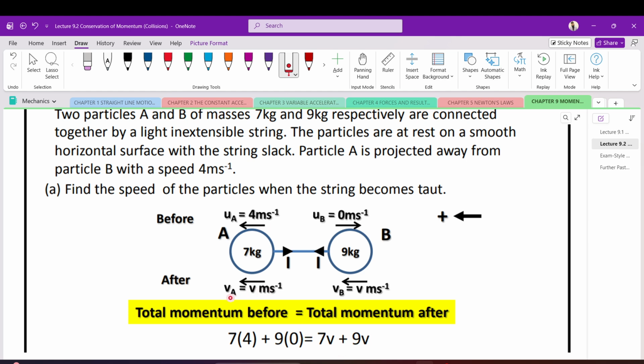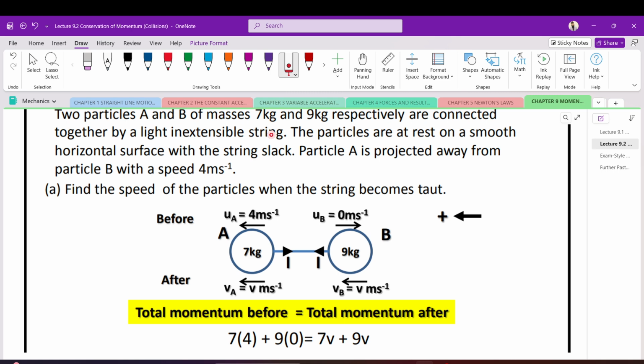Now, why do A and B have the same velocity? Because when the string becomes taut, we assume that because it's a light inextensible string, the tension is going to be constant throughout the motion. If the tension is going to be constant, that means that the acceleration is also going to be constant.